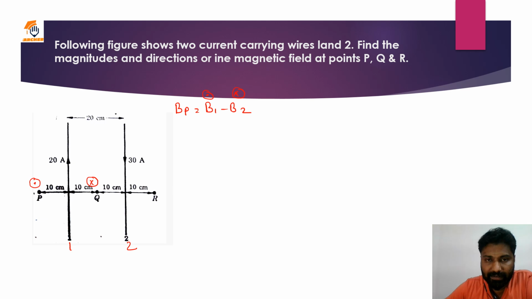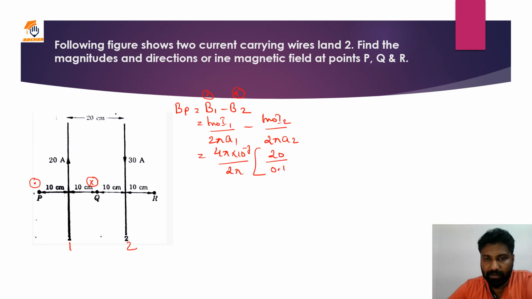So here we will get B = μ0 I1 by 2π A1 minus μ0 I2 divided by 2π A2. Here we will get 4π into 10 raised to minus 7 divided by 2π into 20 divided by 0.10 minus 30 divided by 0.30.